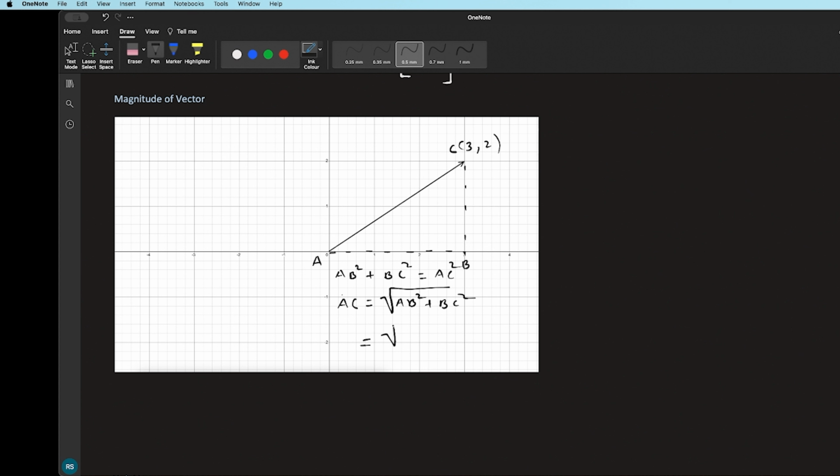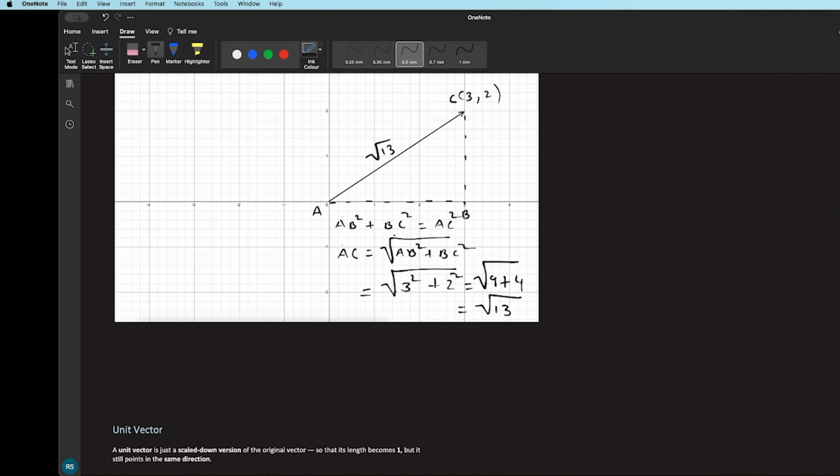So here it is the root of 3 squared plus 2 squared, which is the root of 9 plus 4. So this is the root of 13. The length of this vector is root 13.